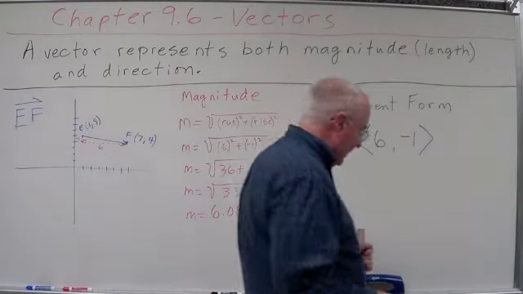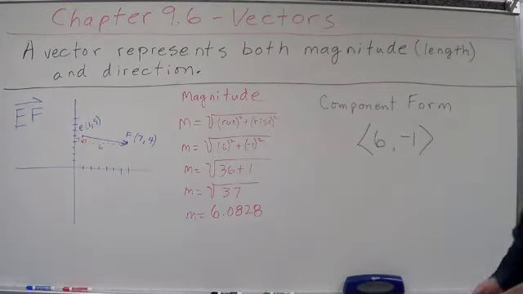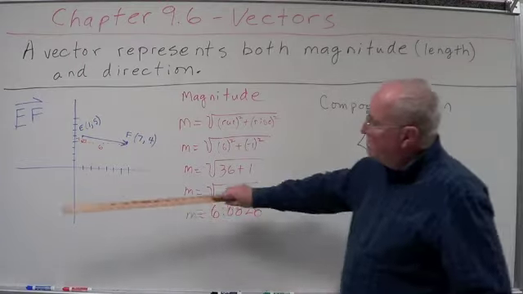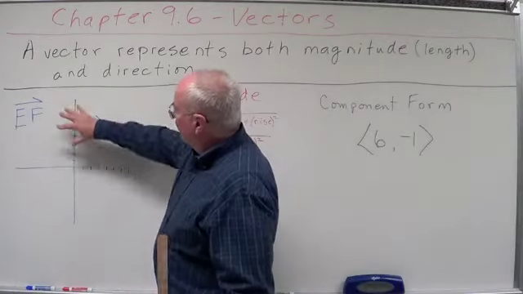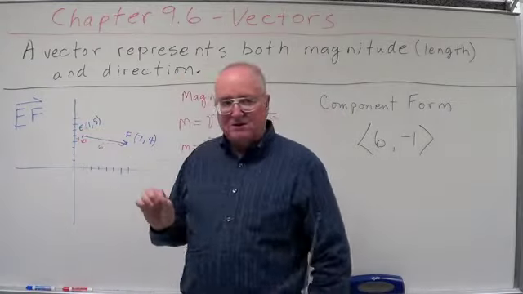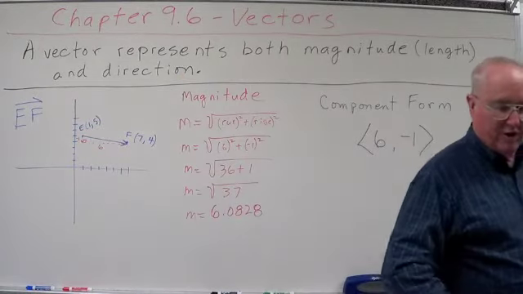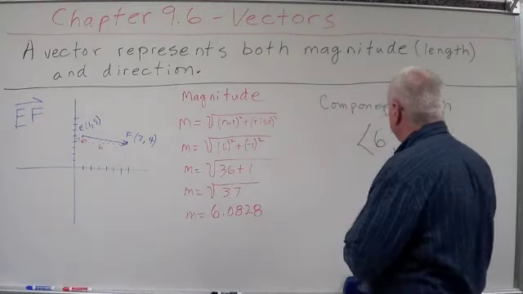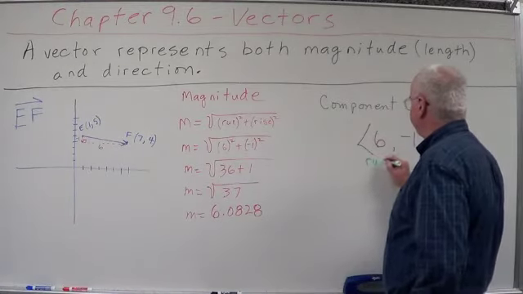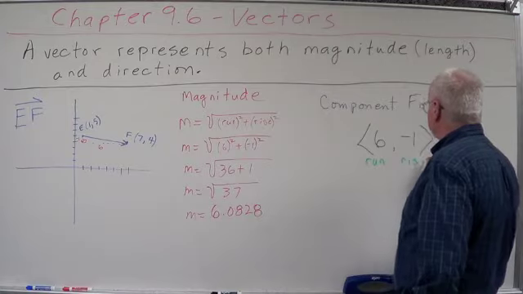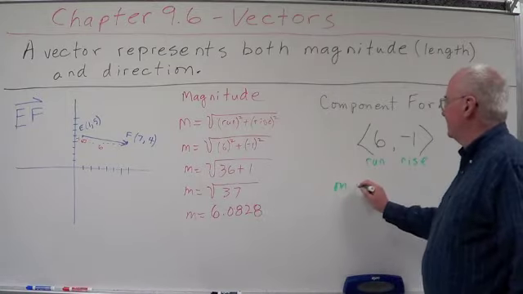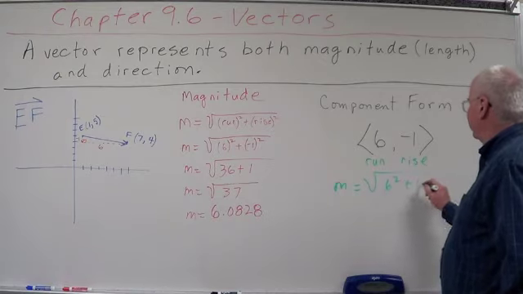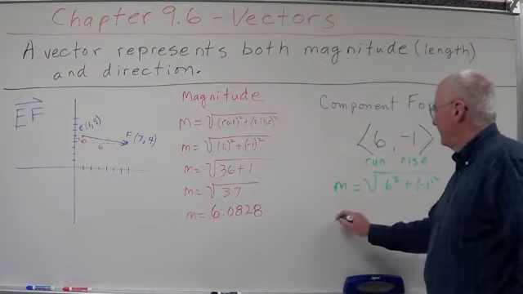Now, if we were to put it in component form, if we were to move this coordinate grid so that basically E, the tail, is at the origin, it makes it pretty simple. Why? Because this is our run and this is our rise. So all we do is magnitude equals 6 squared plus -1 squared.